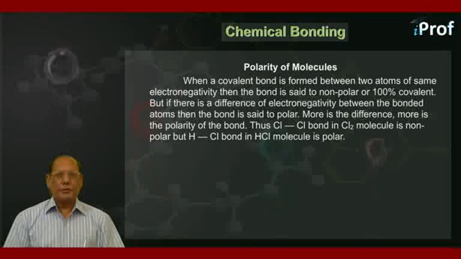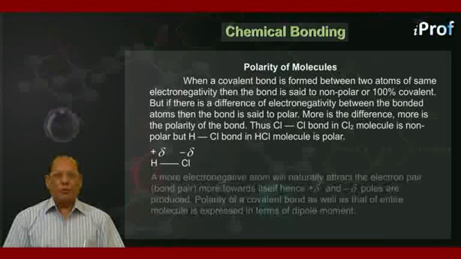The greater the difference of electronegativity, the greater the polarity of the bond. Thus, the Cl-Cl bond in the Cl2 molecule is non-polar, but the H-Cl bond in the HCl gas molecule is polar.